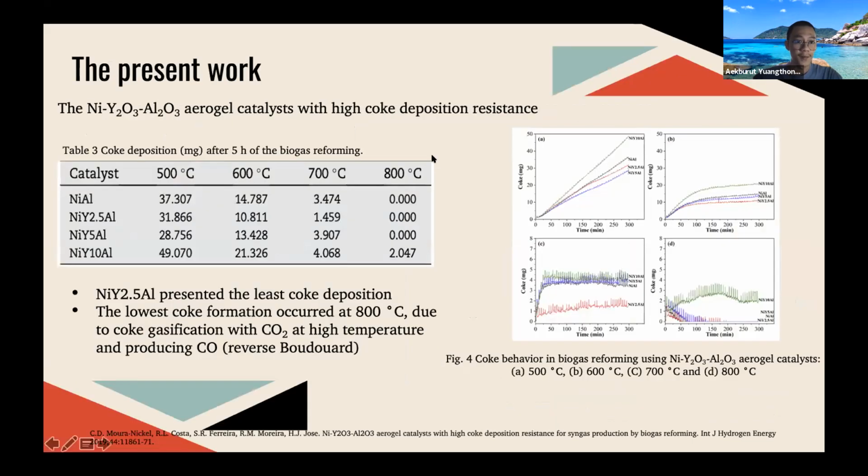And in Pearson's work, nickel yttrium aerogel catalyst was used as a novel catalyst to improve the coke resistance. You can see in table 3 that after adding the yttrium, it can reduce the coke deposition at each temperature, and the lowest coke formation occurs at 800 degrees Celsius.